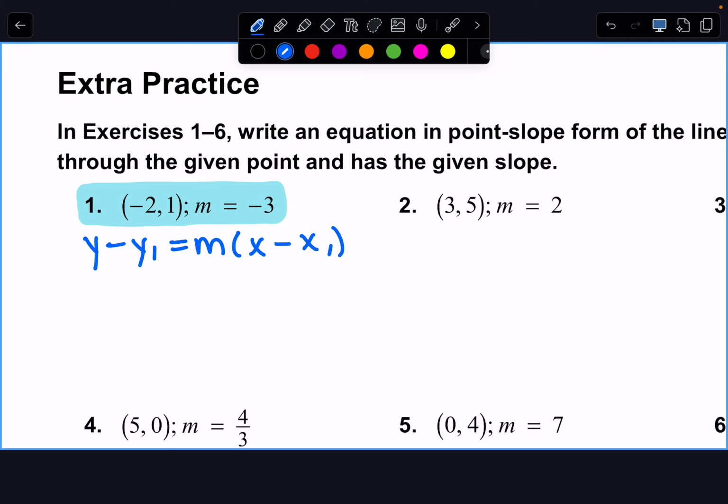So make it y plus 2. Well, this is the x, and that's the y. This is x. X comma y.